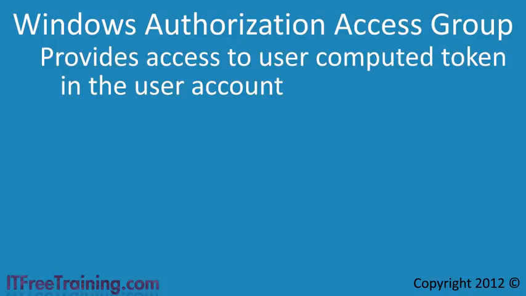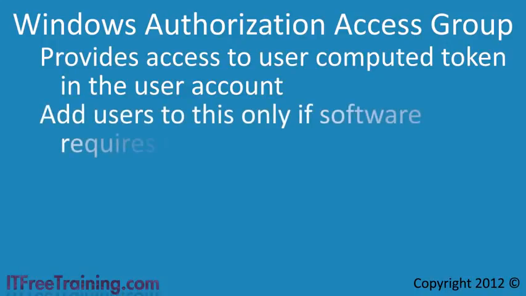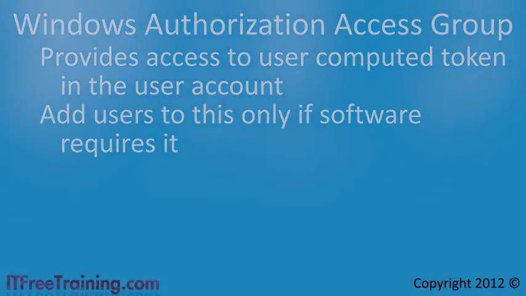This attribute in Active Directory allows applications to determine what the user has access to by looking at this pre-computed token. This means that software can access information inside this token without the user having to be logged in. Normally, a user would have to be logged in and a security token created for software to access the token. You should only add users to this group if software requires it.